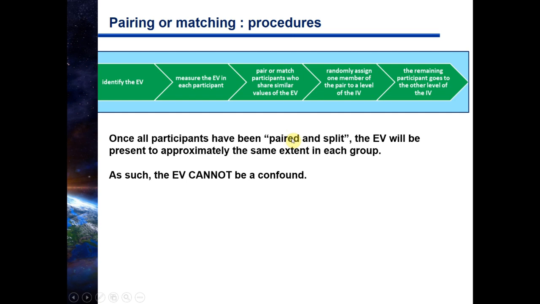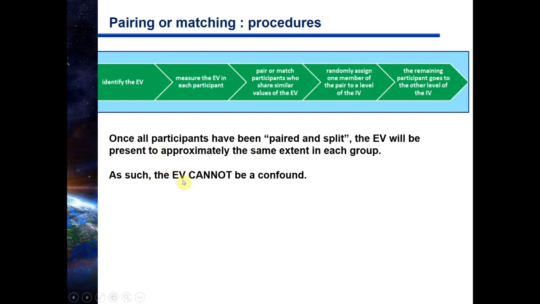And you keep doing that. Now you pair a 60 with a 58-year-old, one goes to one group, one goes to the other group. You're making sure that the two groups at the very end will be approximately equal in terms of the mean age for each group. The ages are going to be approximately the same. Don't worry, I'm going to go through that example and it will be clearer.